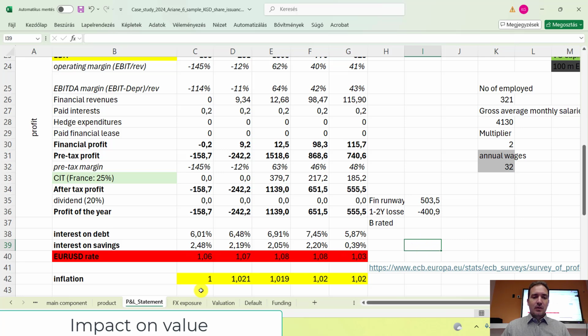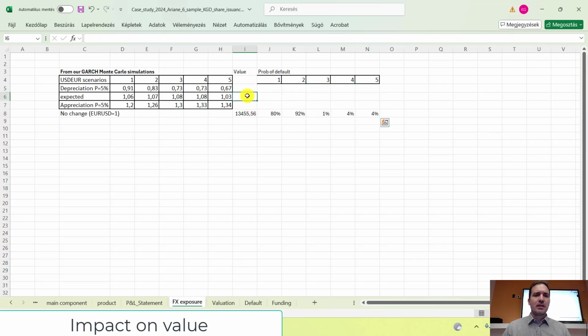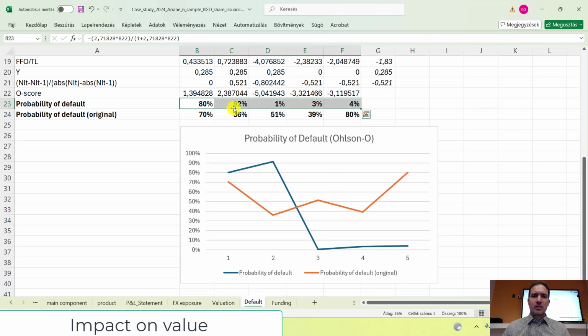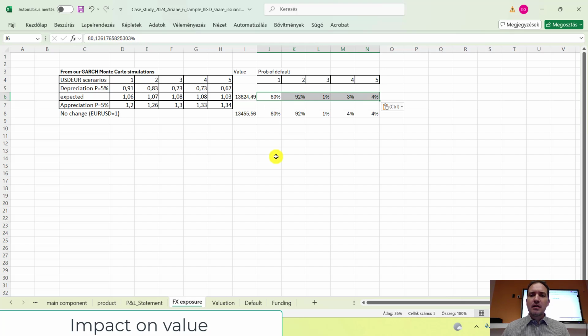Okay, so this is what happened when we are using the expected scenario, so let's check valuation. Valuation should not be that much different. You can see it's slightly increasing because depreciation happened, and also we have to look for the probability of default, which is also completely the same.